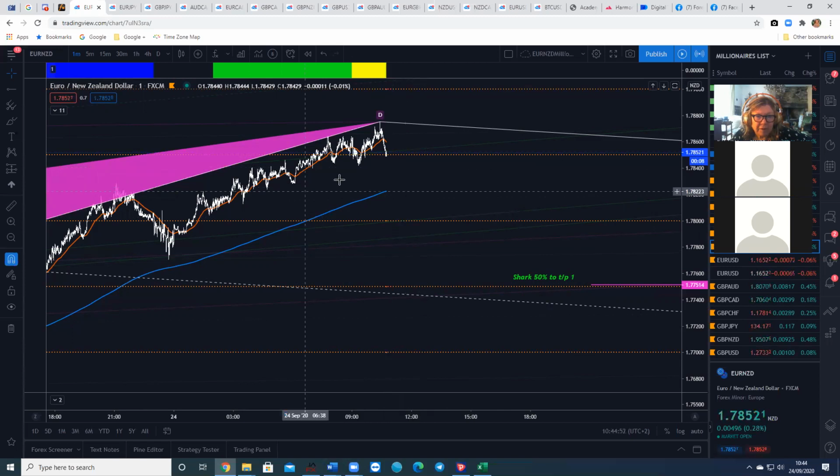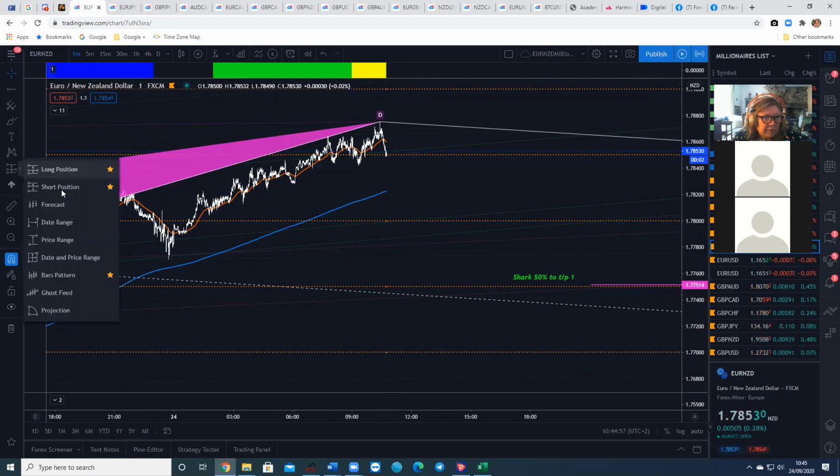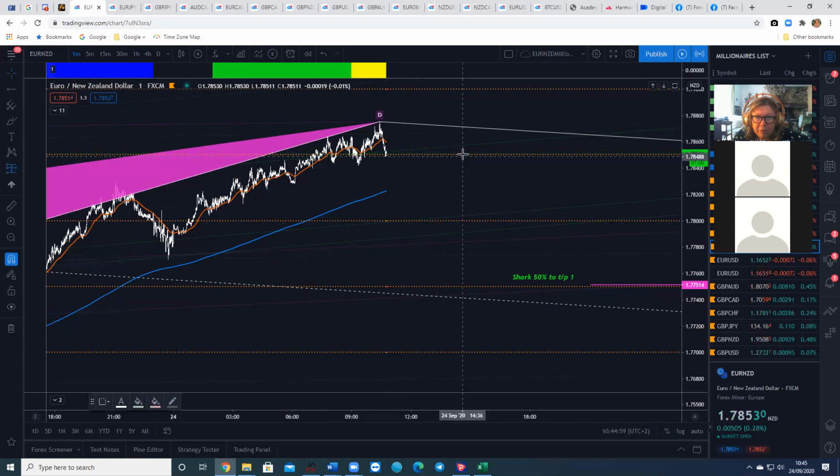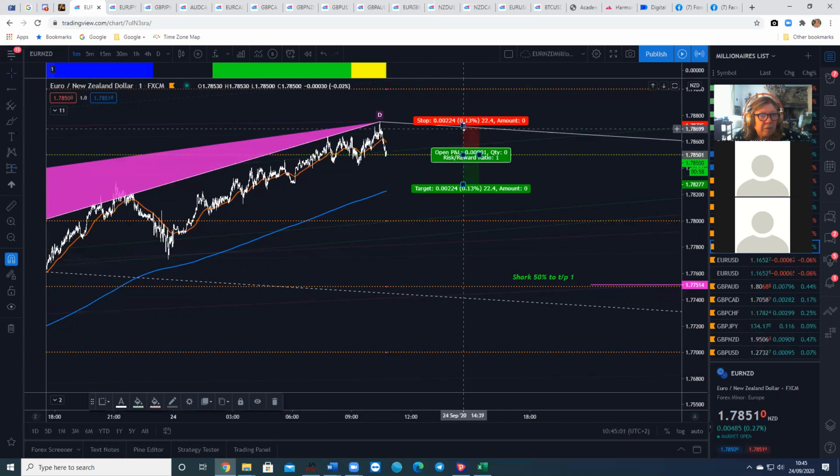It looks like it's turning, doesn't it? But I wouldn't take anything up there. Let's look at the gap between the quarter theory. 22, you want 15, it doesn't cover the pitchfork.